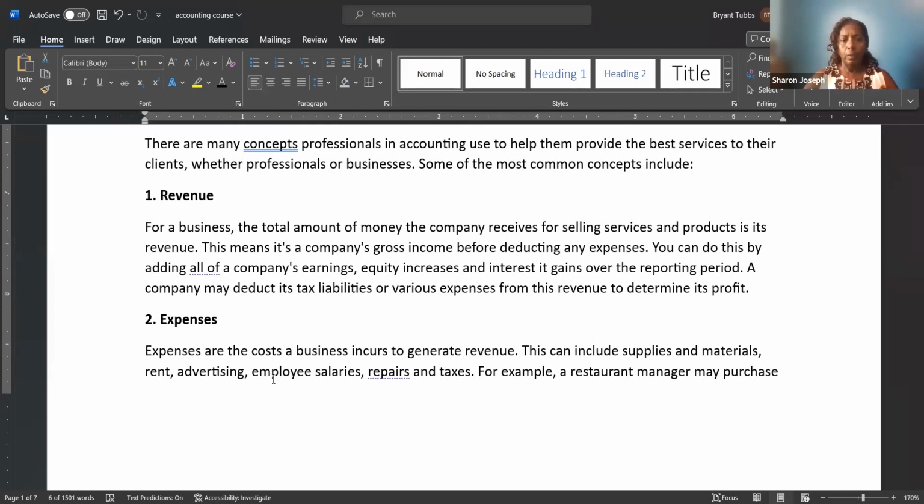This means that a company's gross income before deducting any of its expenses is the revenue.